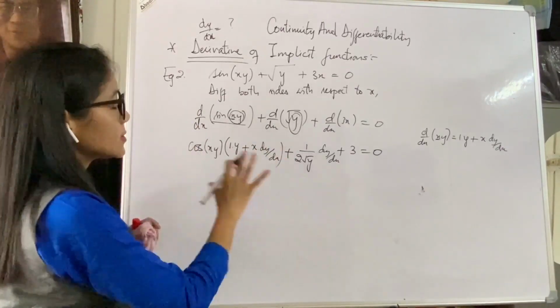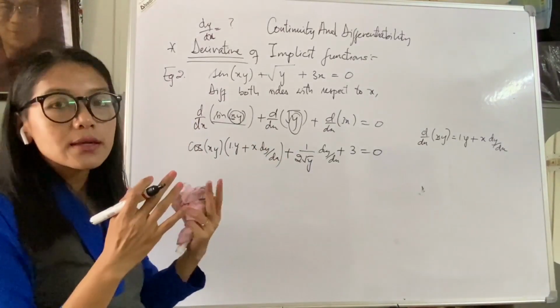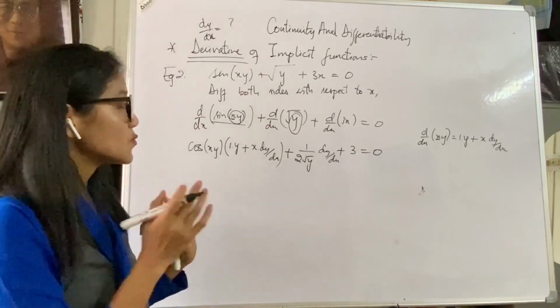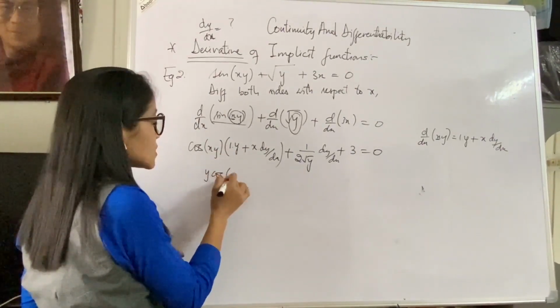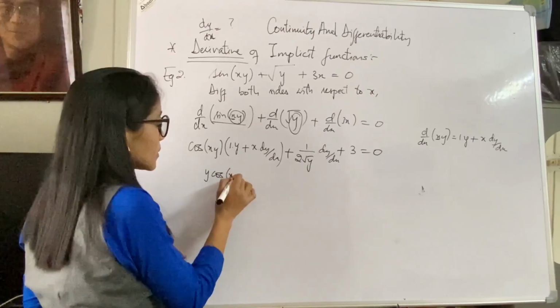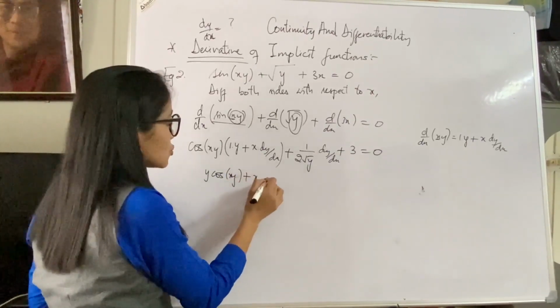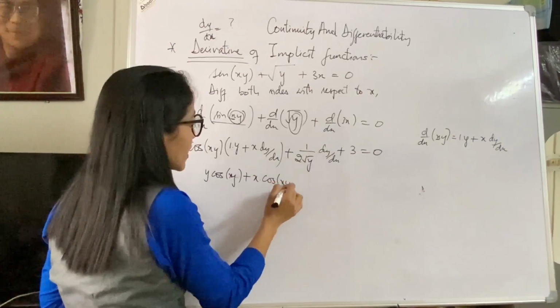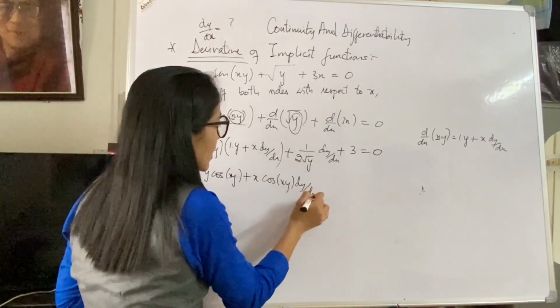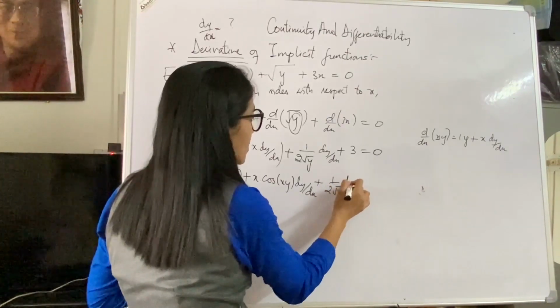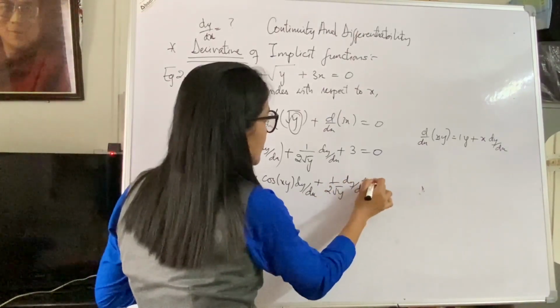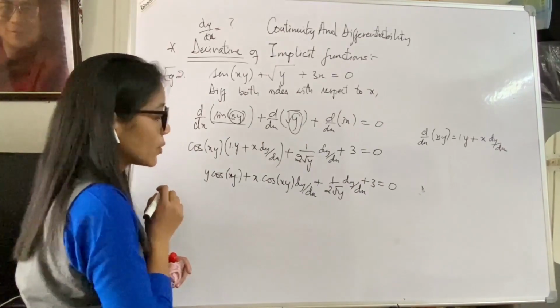Now you expand the terms and collect the like terms which are in terms of dy by dx. So I have y into cos of xy plus x into cos xy dy by dx plus 1 upon 2 root y dy by dx plus 3 is equal to 0, right?